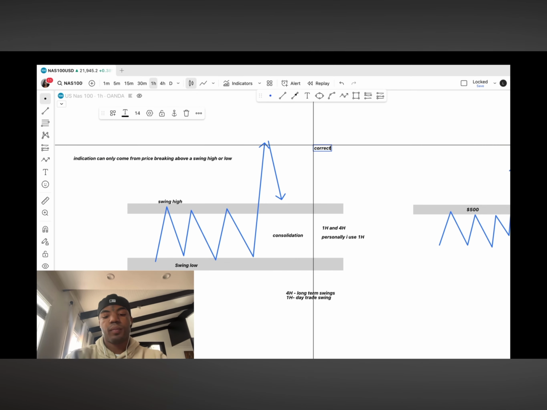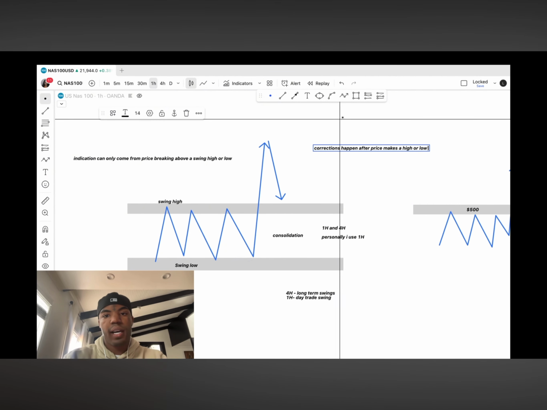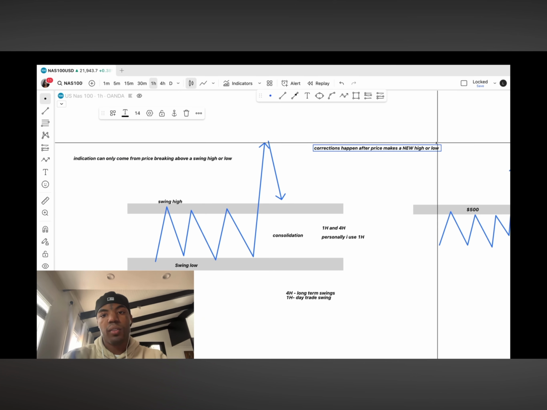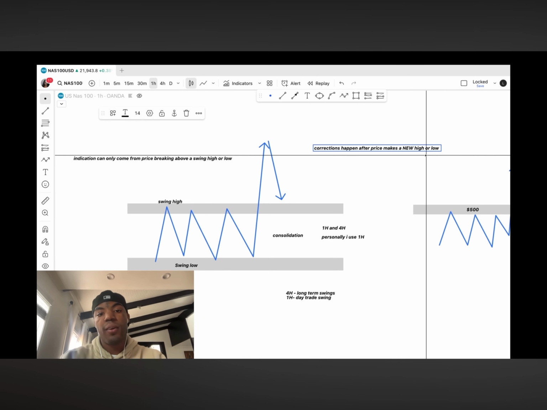Correction is when price, or let's say it like this, corrections happen after price makes a high or low. New high, new high. So that's the biggest point. New high or new low. So this normally happens after a new high or a new low.